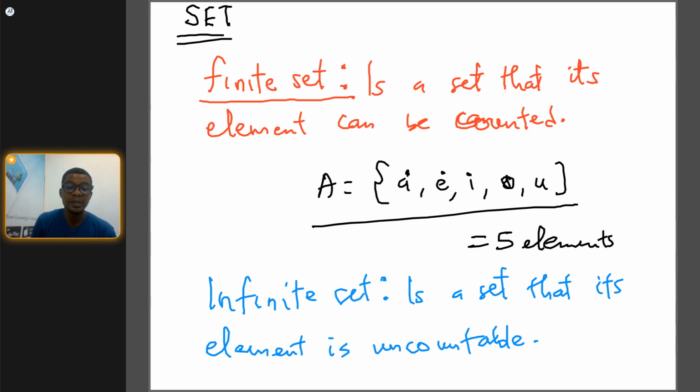A set that has its elements to be uncountable is said to be an infinite set. That is, we cannot count the elements in that set.